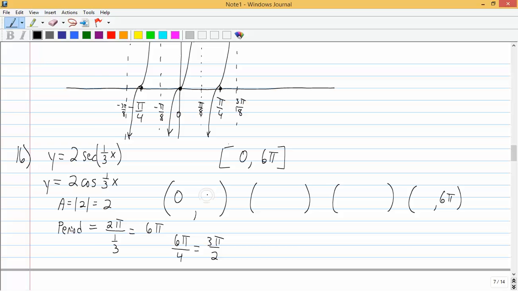So the number here is 0 plus 3/2 pi, or 3 pi over 2. Gives you 3 pi over 2. Then you write that value again in the next subinterval. Then add 3 pi over 2 to that again. So that will be 6 pi over 2. 6 pi over 2 is 3 pi.